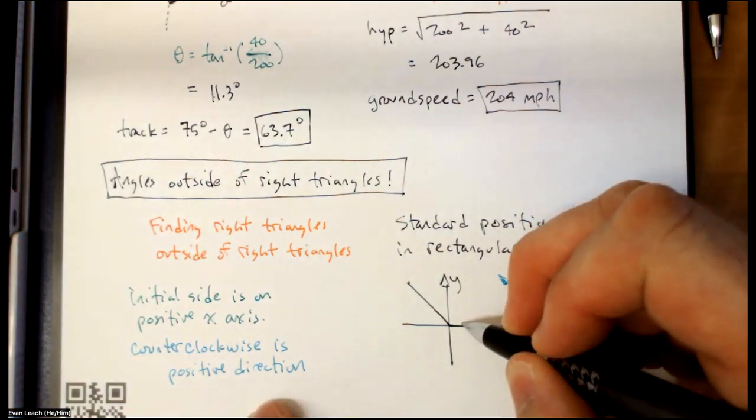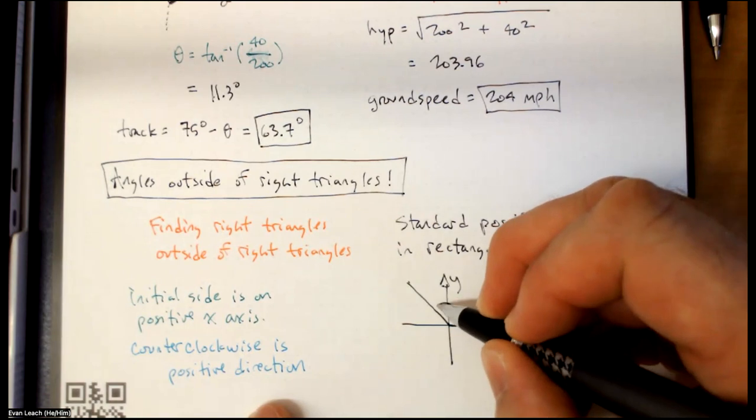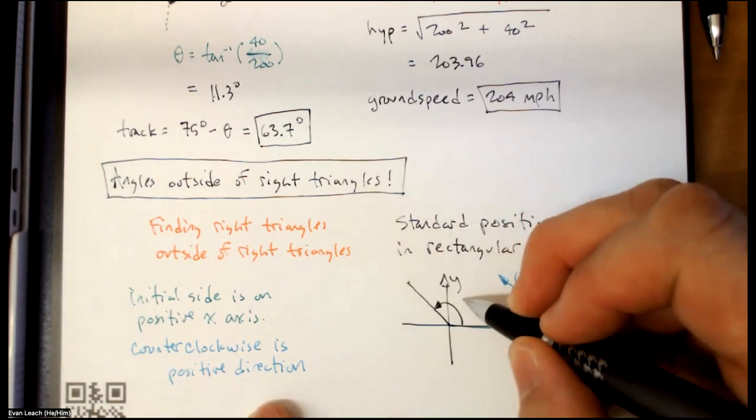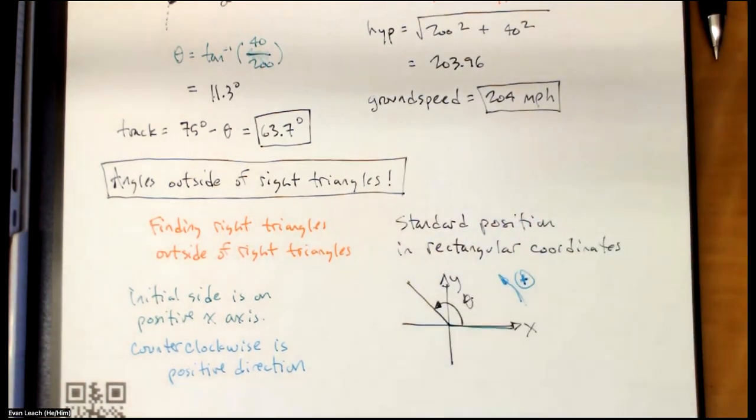To indicate that, I put an arrow starting at the positive x-axis, going around to the terminal side, and there's theta. This is where we're going to have angles in standard position.